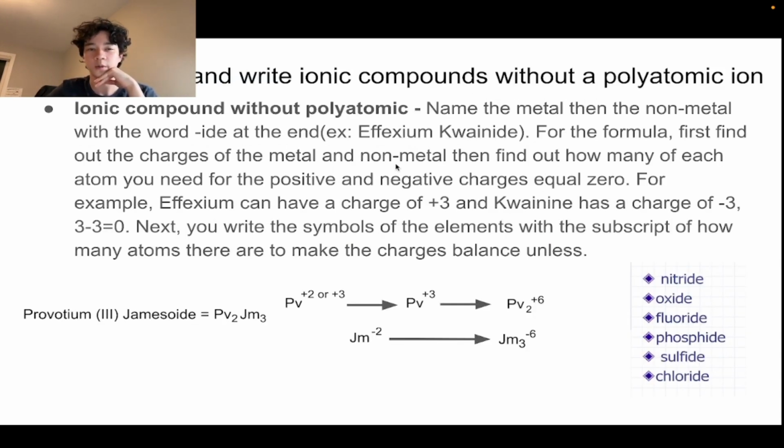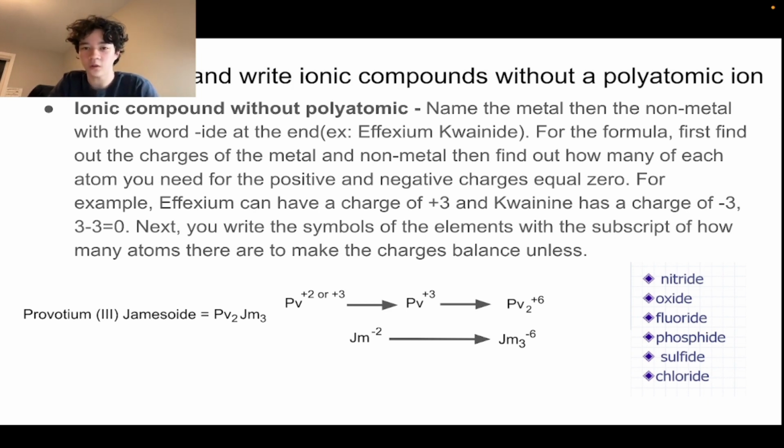Now, we're going to talk about how to name and write ionic compounds without polyatomics first, mainly because it's a pretty long explanation. To name ionic compounds without polyatomic ions, you say the metal and the non-metal, with the ending "ide".